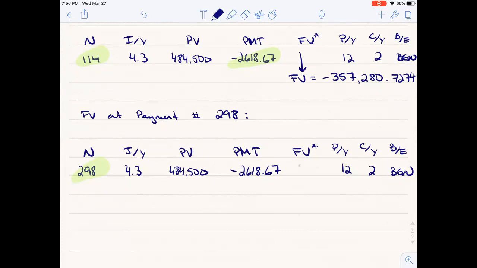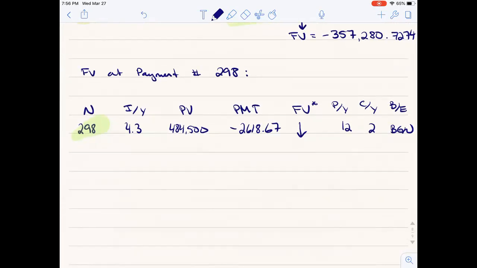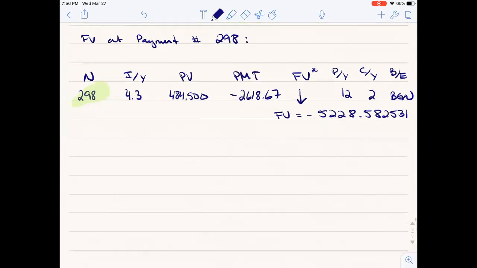So now 298 as our N, and then compute the future value. The future value is negative 5,228.582531.